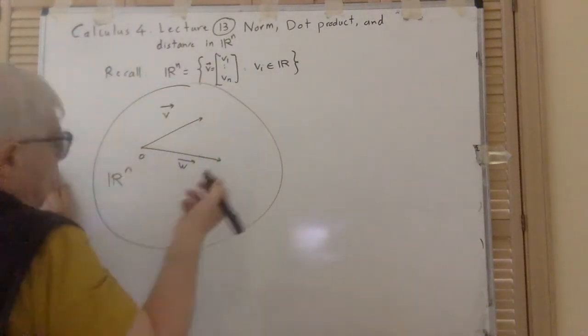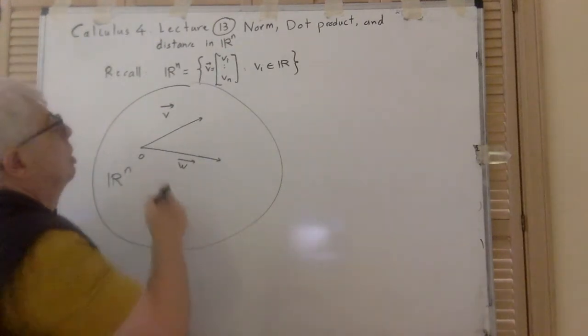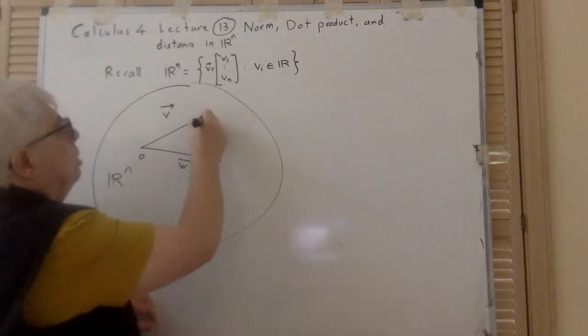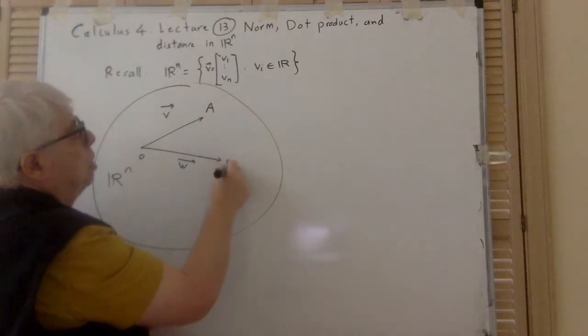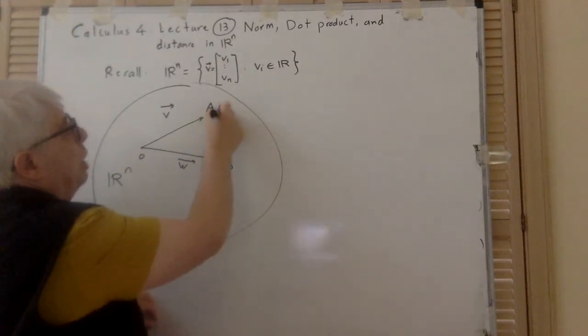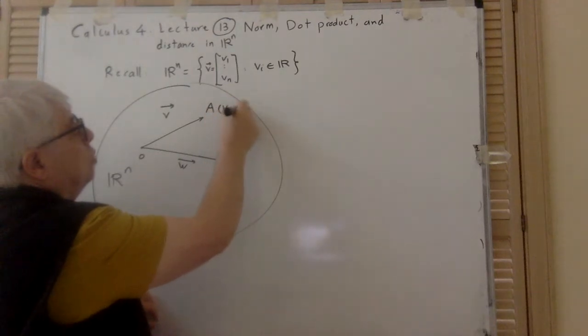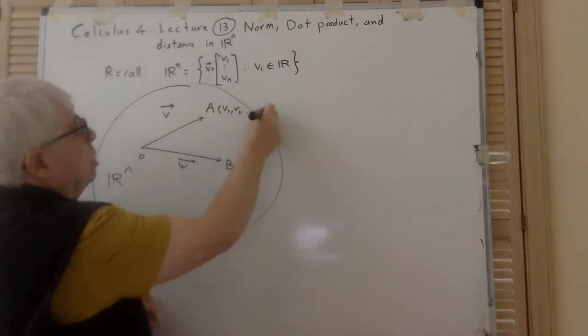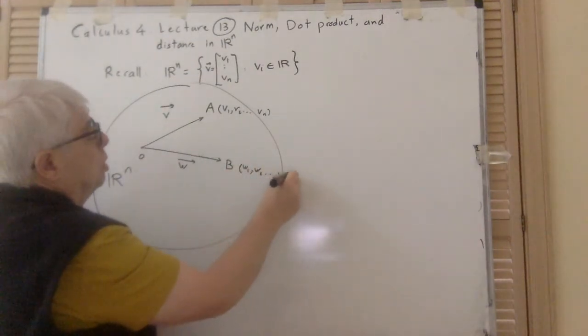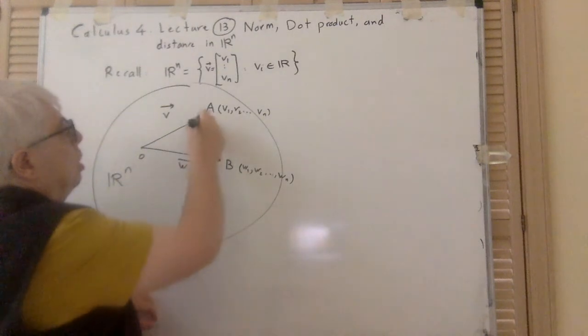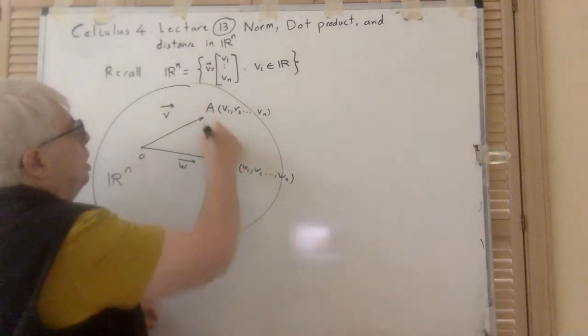And this is point O, well, Rn has point O, like the origin. And this is one point A, and this is point B in Rn. Now point A has coordinates V1, V2 up to Vn, and this one has coordinates W1, W2, up to Wn. Okay, now what is the distance between A and B in Rn?